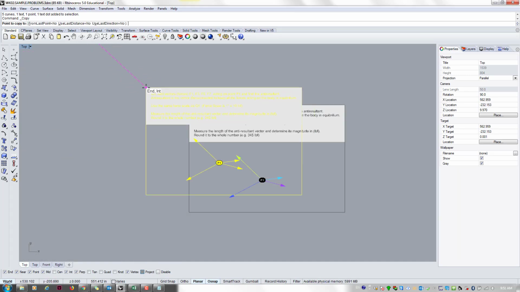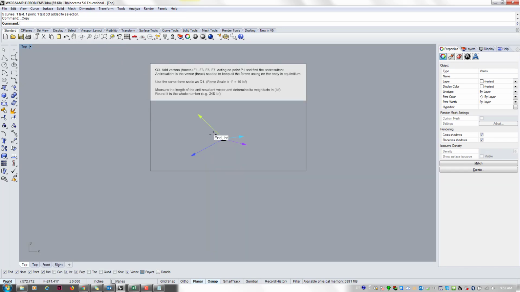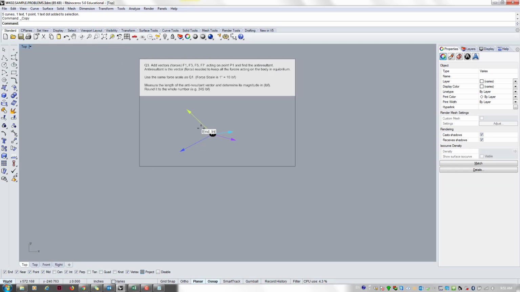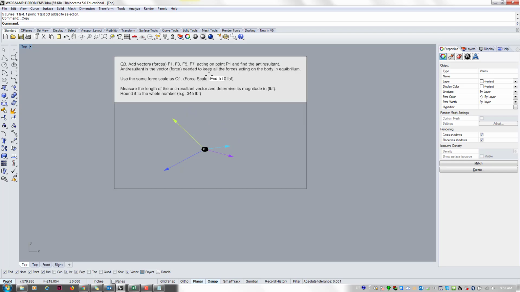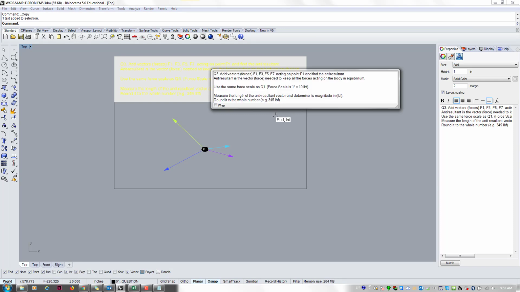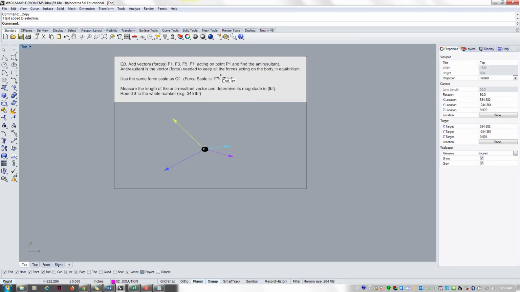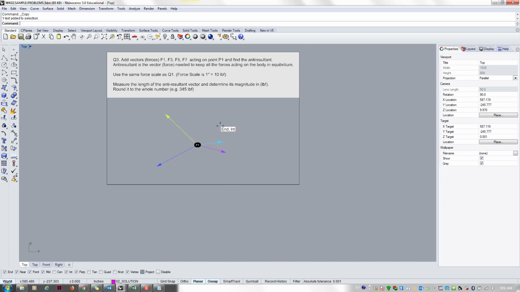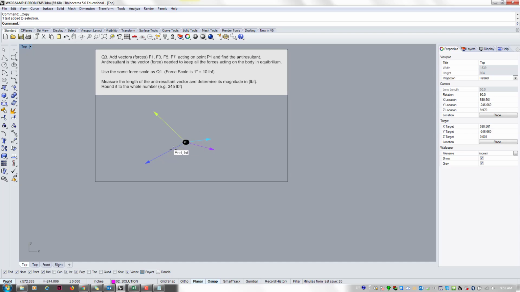All right. So here are fewer vectors, but the different thing is I'm asking you to add all of these four vectors and find the anti-resultant.